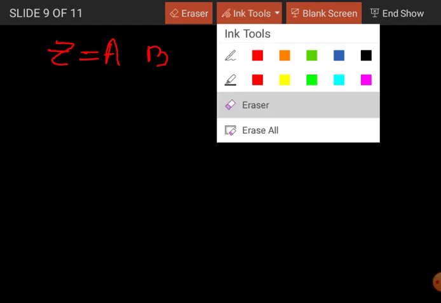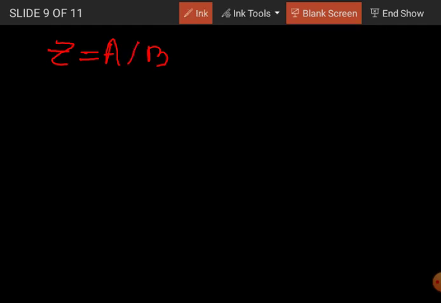Now, let's take a physical quantity z which is expressed as a product of two physical quantities. Product means not the sum, I'm sorry, I was accustomed to writing the sum as we were doing the sum. So let's do it as the product, a into b.